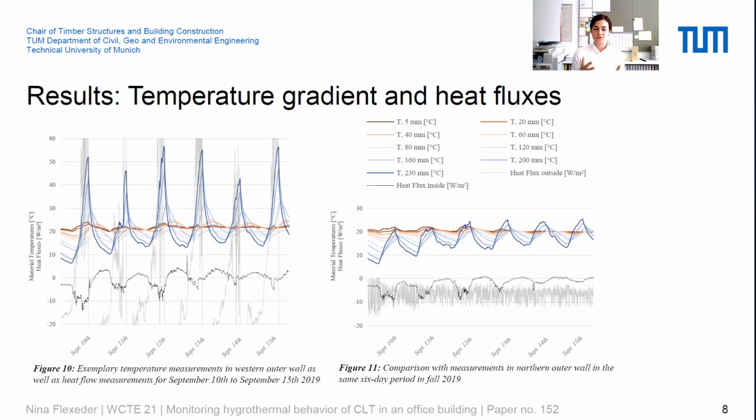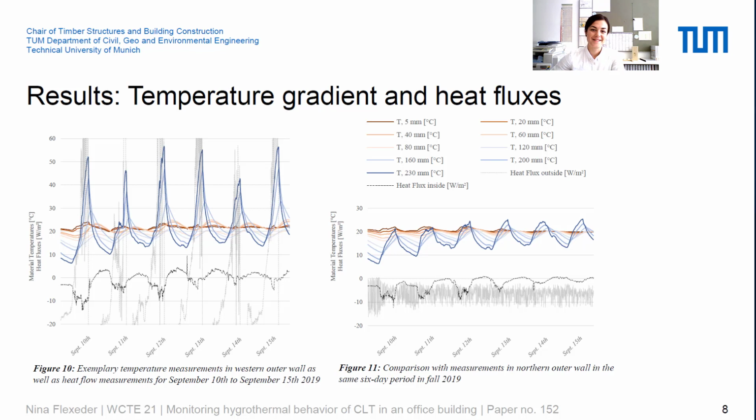When zooming in into 6 random days in September 2019, you can see the typical diurnal changes here as well. And additionally, I've put the heat flux measurements from outside as well as inside of the west and the north wall.